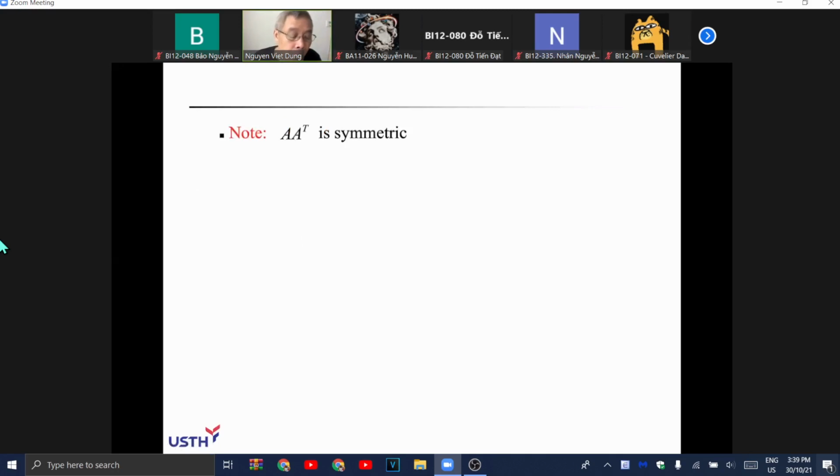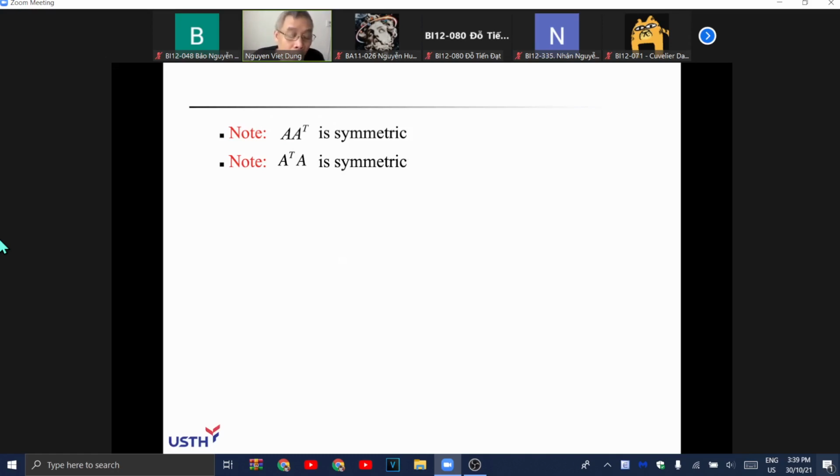Another homework for you. Given A is a matrix of any size. The first one, you should verify that we can always multiply A and A T, and A T and A, in that order. Always.